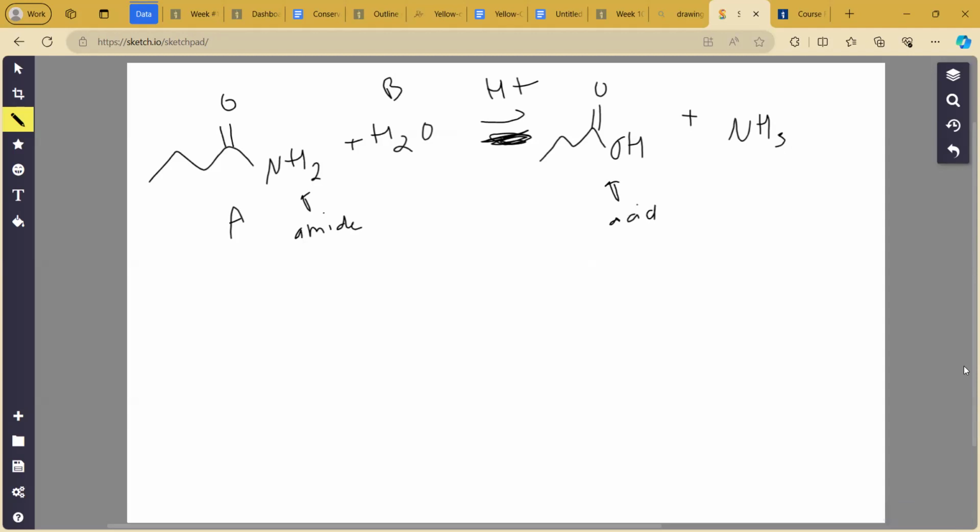And then we have this base here. Now, if you remember, this is going to be important. She's going to ask you about this on your quizzes. This is an important second step. But if you have the amide and the water in acid, this base will react again.